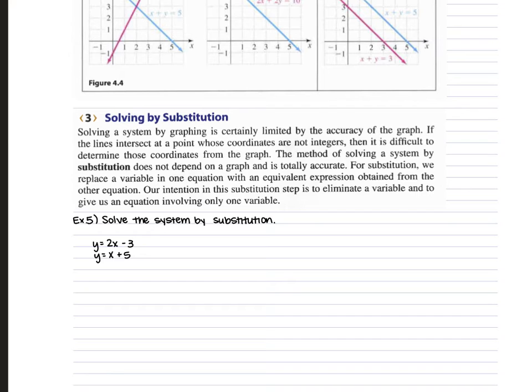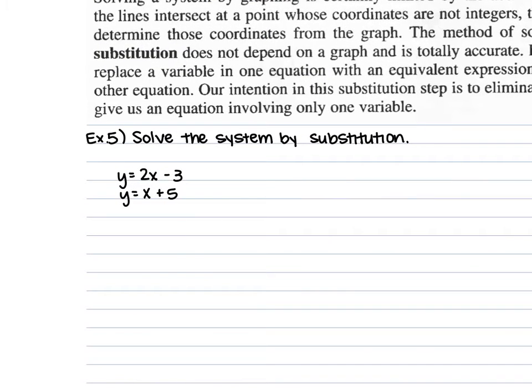Both of these equations are solved for y. So since they are both equal to y, y is equal to y, that 2x minus 3 is going to be equal to that x plus 5. So we can take these two parts and set them equal to one another. So we're just going to have 2x minus 3 is equal to x plus 5.